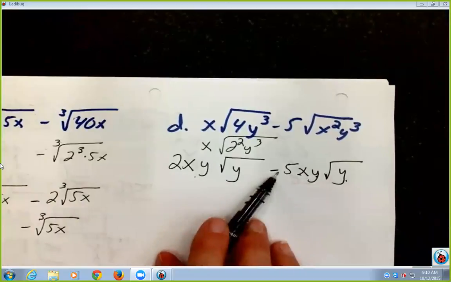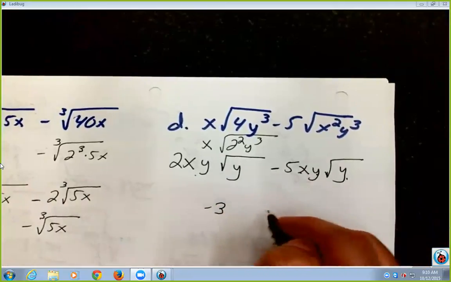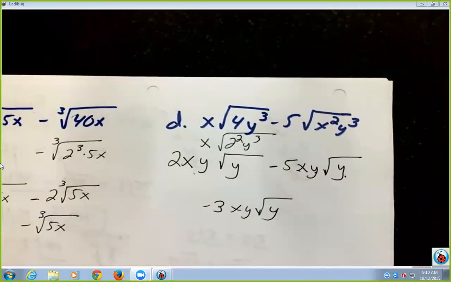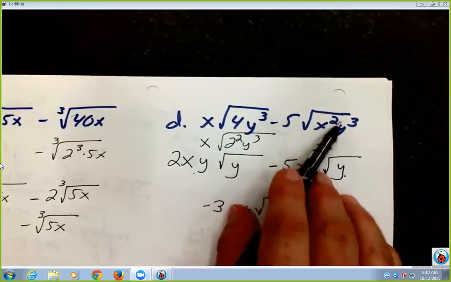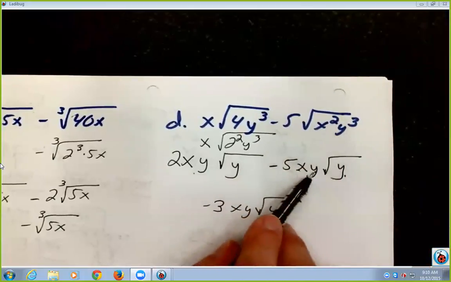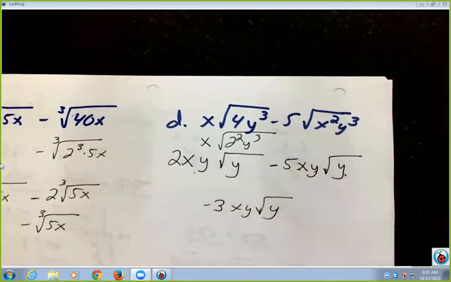So 2 minus 5, x y, the square root of y, is 3, x y, the square root of y, would be your answer. So you're pulling out stuff that can match in there. I didn't rewrite this one because a squared means an x pulls out. A cube means I can pull out a y and leave a y. And so we end up getting that for our final answer to that. Hopefully you got that when you worked that out.